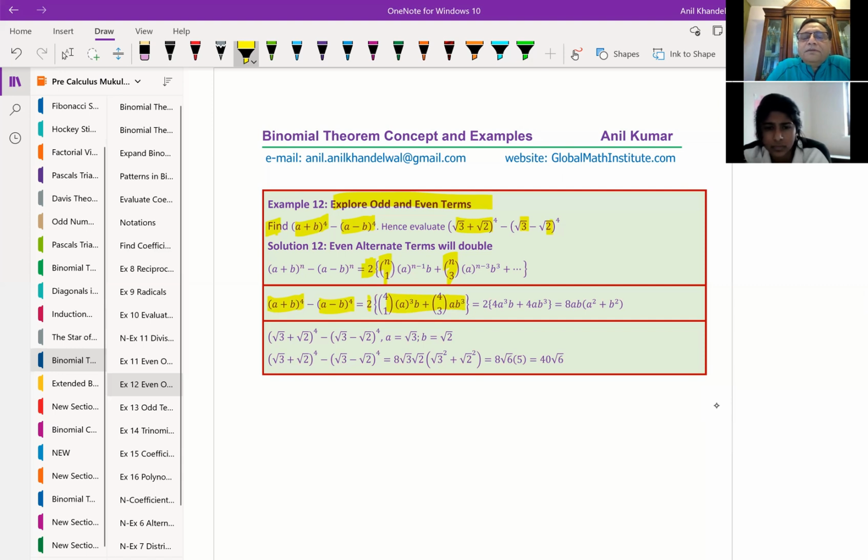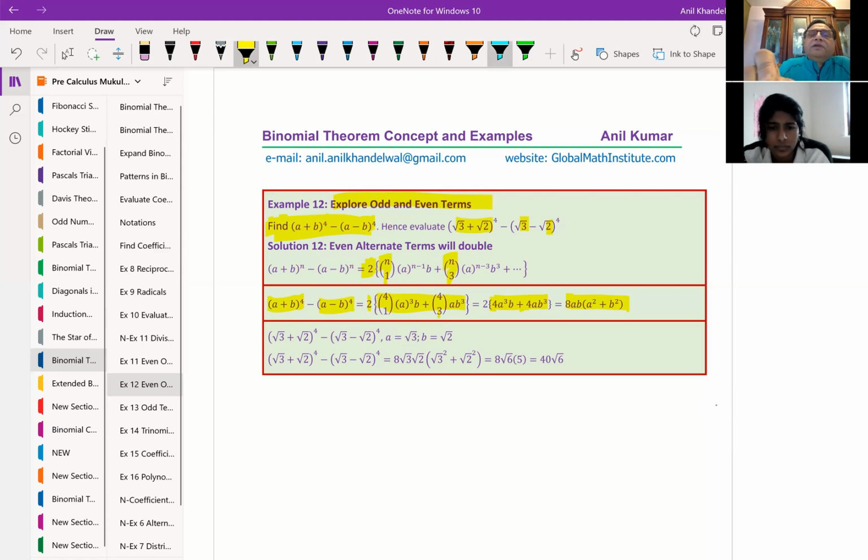When you expand, 4C1 is just 4, and 4C3 is also 4. So you take this common and get your answer as 8ab, and within brackets a square plus b square. So that is the first part, that is, expanding (a plus b) to the power of 4 minus (a minus b) to the power of 4.